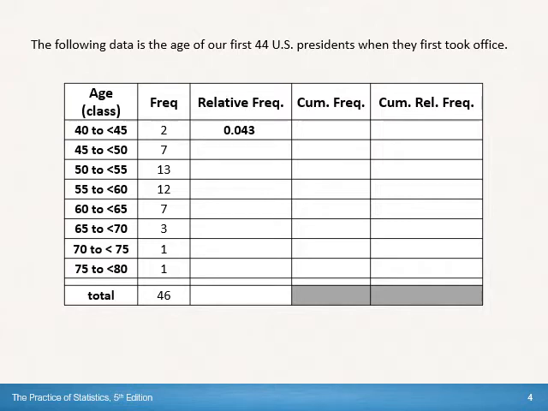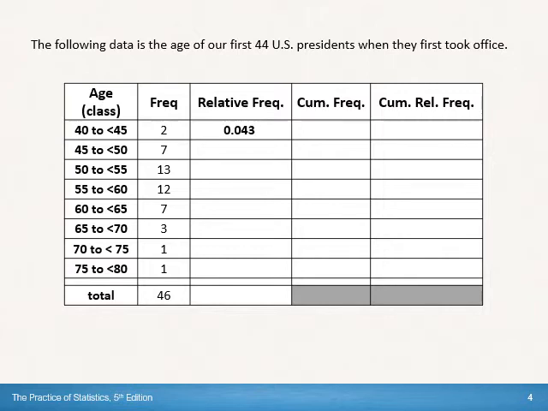Kind of up to you how you want to do it. I'm going to leave them all as decimals. So that means that instead of saying the frequency of presidents aged 40 up to 45 is 2, now we can say that the percent of presidents who were aged 40 to 45 was 4.3%. So the relative frequency is just the percentage.